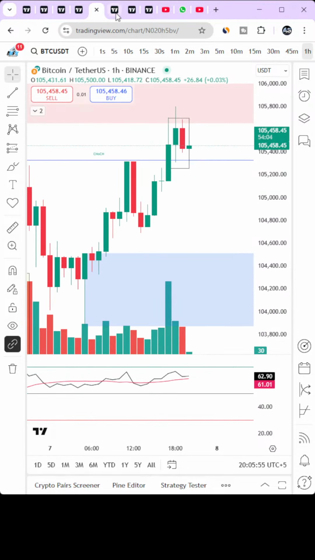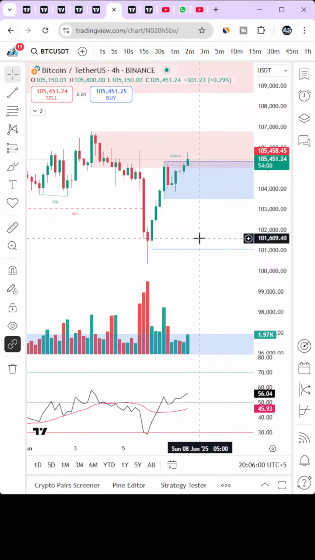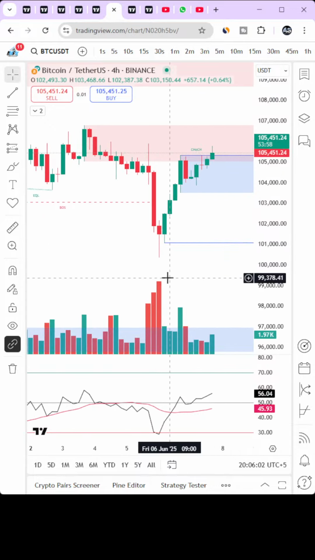Let's see what movement Bitcoin has given. The market has been bullish since last day, from Friday. Since the Asian session yesterday, the market has been in a bullish trend. This is the 4-hour chart.